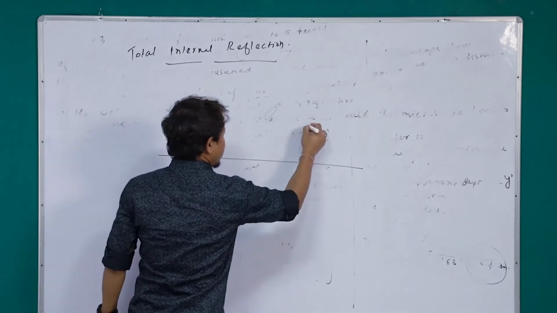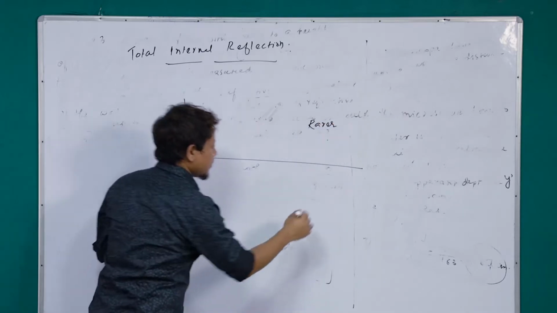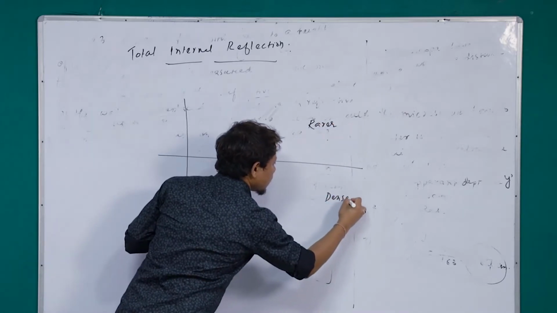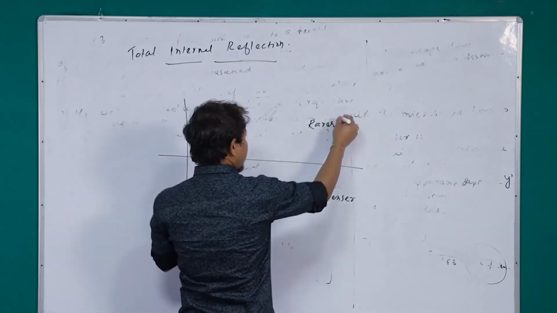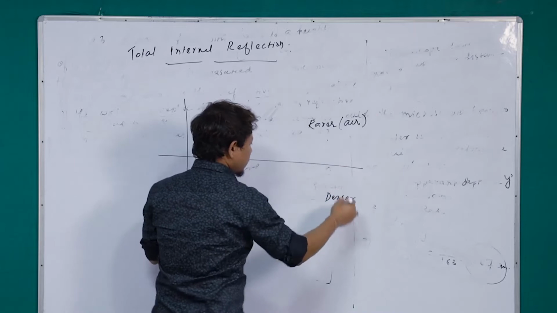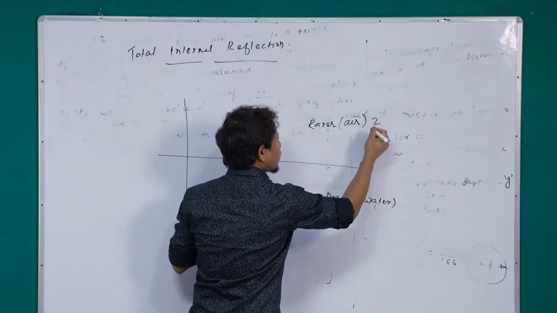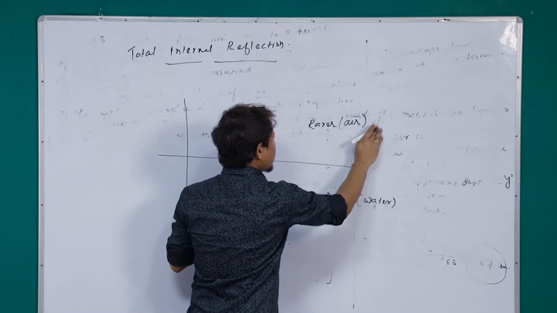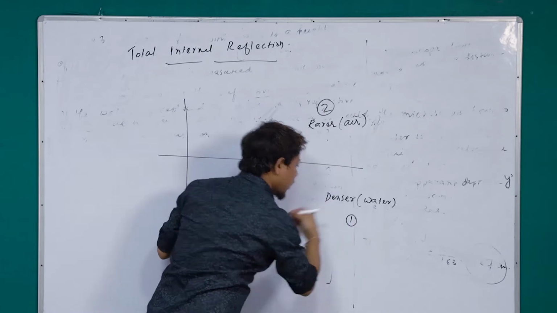So this is rarer medium, and say this is denser medium. So rarer medium, we can take this as air and this as water. This is medium 2, and this is medium 1.